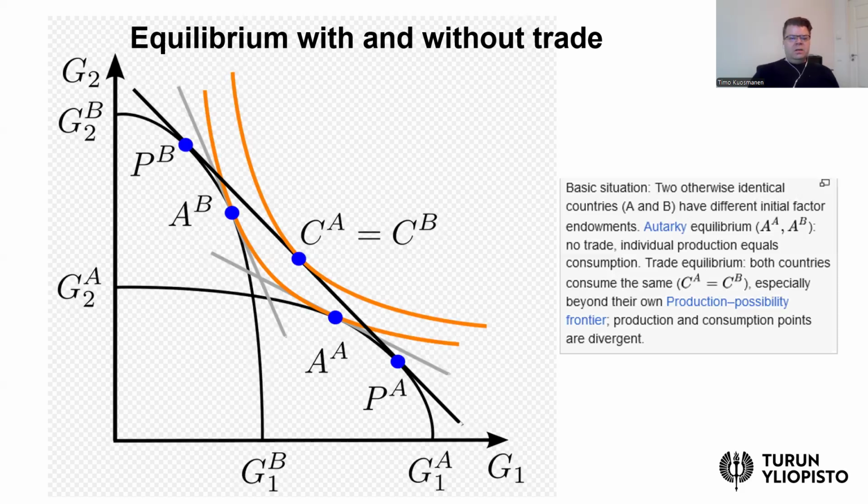And then the production possibility frontiers, on the other hand, determine the supply schedules, and then in the world equilibrium, supply equals demand at the global level, and that determines what countries are exporting, how much they produce, how much they export, how much they import, what their consumption pattern is, and what kind of terms of trade will result.